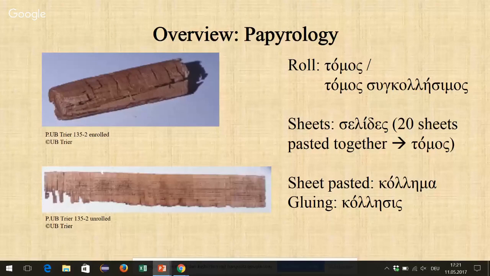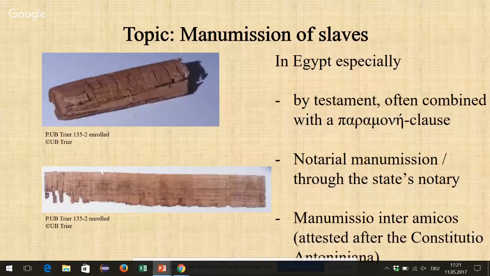How to handle those sources when dealing with historical topics is the aim of this course today. As an example, I've chosen the topic of manumission of slaves in Greco-Roman Egypt. There are different types of manumission.